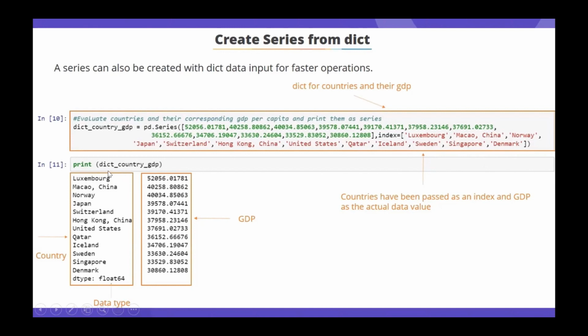So in this case, you are replacing the index. Earlier it was 0 1 2 3. Now we are replacing it with the name of the country, and then we are seeing the corresponding GDP. That way we are matching the value.